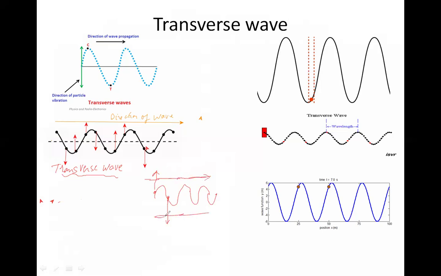This is the direction of particle. What is the angle between these? 90 degrees. 90 degrees is the angle between the direction of particle and the direction of wave. Then such a wave is called a transverse wave.